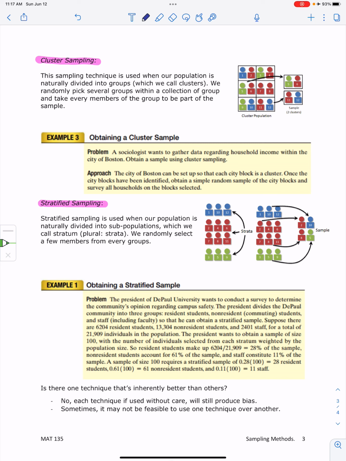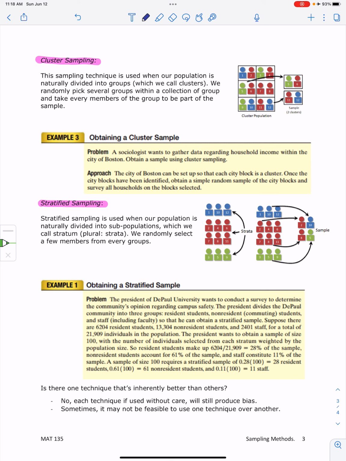If we were doing a stratified sample, we would make sure that we chose a percentage of elementary school students to have those voices reflected, and then a percentage of the middle school students, and then a percentage of the high school students. And from each of those groups, we randomly select.